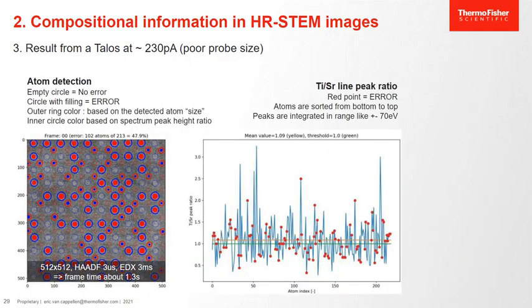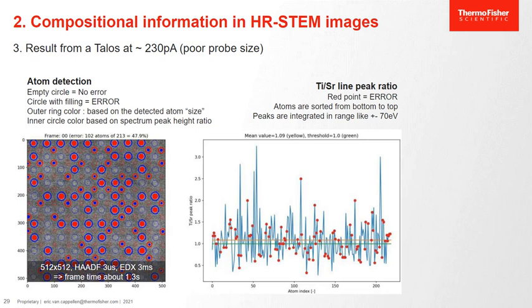So now I'm going to false colorize the image. And here is the way I did it. When you see an empty circle, the identification was correct. So the big circles should be strontium, the small circles should be titanium. When EDX confirmed that, we keep the circles open.